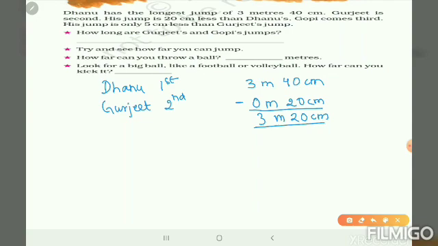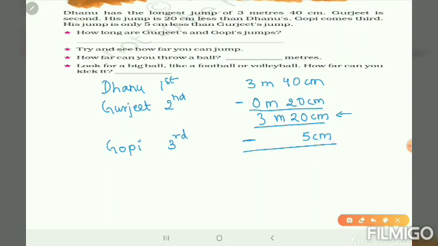Okay, next what is given? Gopi comes third. Gopi came third, and his jump is only 5 centimeter less than Gurjeet's jump. So this is Gurjeet's jump, isn't it? So less than again means minus by how much? 5 centimeter, only 5 centimeter less than Gurjeet.